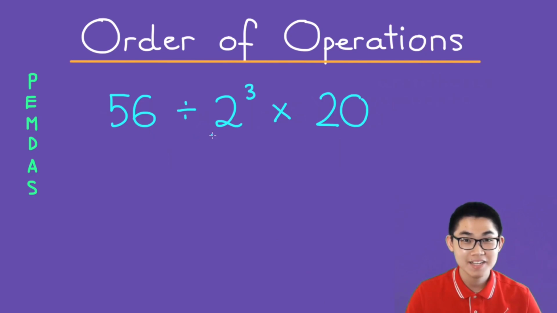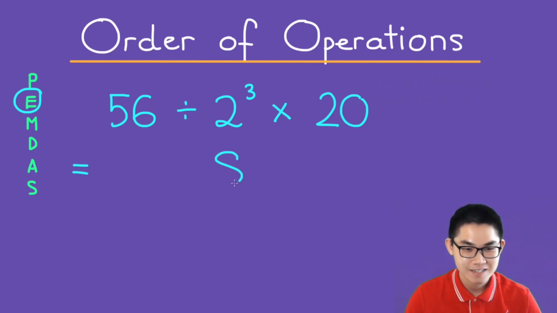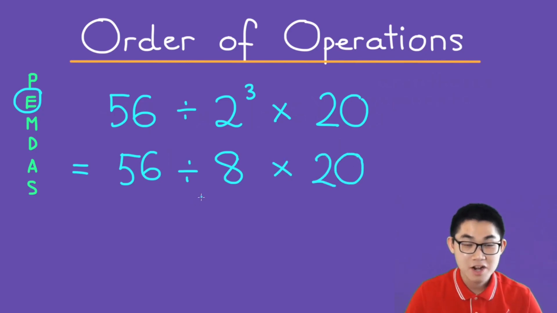56 divided by 2 to the power of 3 times 20. So we see the exponent, we have to do that first. What is 2 to the power of 3? Can someone tell me? Well, 2 to the power of 3 is 2 times 2 times 2, which is 8. And here we see division and multiplication, and they are next to each other.